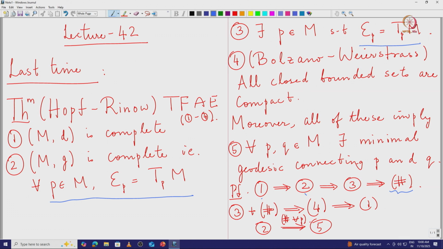I will remind you what this key property is in the next slide, and then the point was that 3 plus this hashtag property implies the Bolzano-Weierstrass property, and then the Bolzano-Weierstrass property implies completeness of the metric space. This is a purely metric space argument, right. And then of course if one takes 2 and applies this hashtag property for all p, then that implies 5. So that completes the proof of Hopf-Rinow.